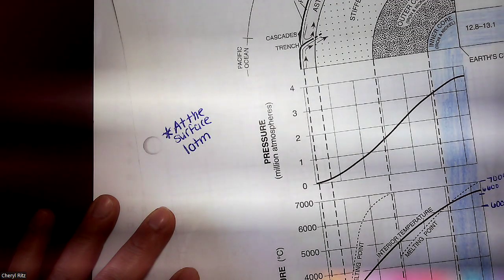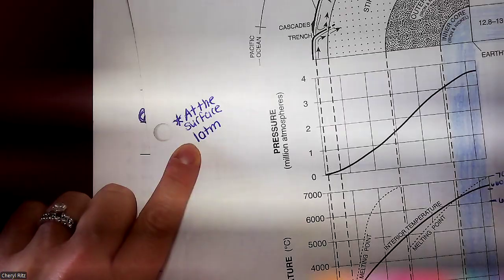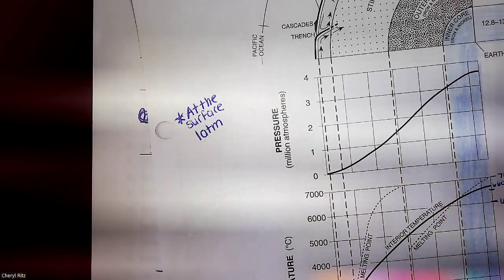An atmosphere, by the way, is how they measure air pressure. There's 1 atmosphere of pressure on us because there's the equivalent of 1 of our atmospheres on us.